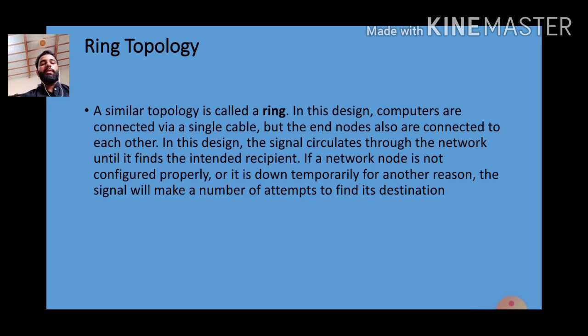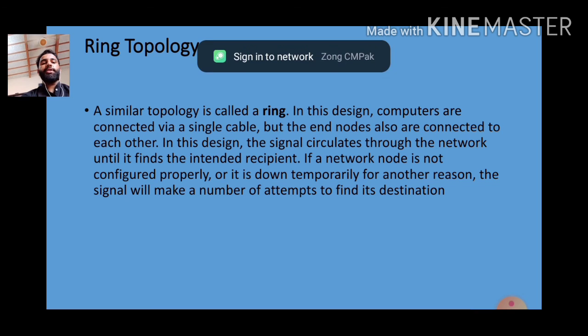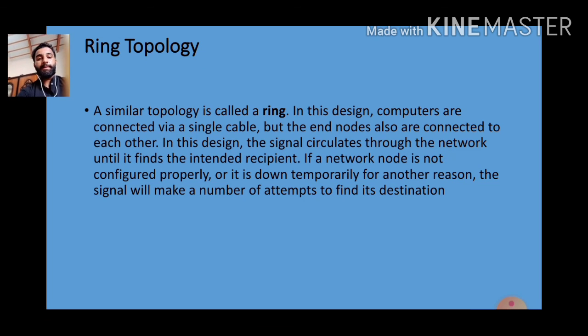In this design, the signal circulates through the network until it finds the intended recipient. If a network node is not configured properly, or is down temporarily or for another reason, the signal will make a number of attempts to find its destination.